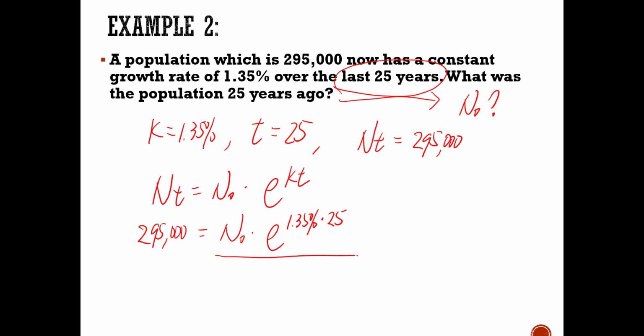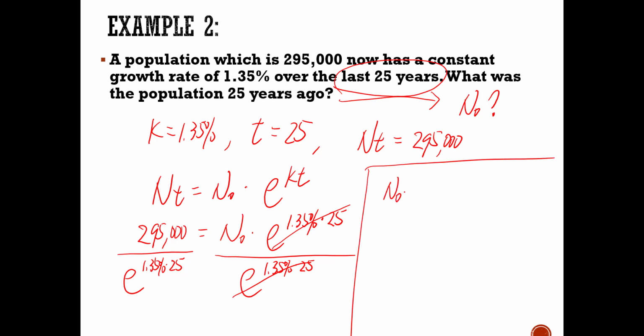So we're going to divide E to the 1.35% times 25 on both sides of the equation. We cancel this exponent, and the N0 is by itself. So N0 is equal to 295,000 over E raised to 1.35% times 25. And again, we put it into the calculator or Excel to get a result.